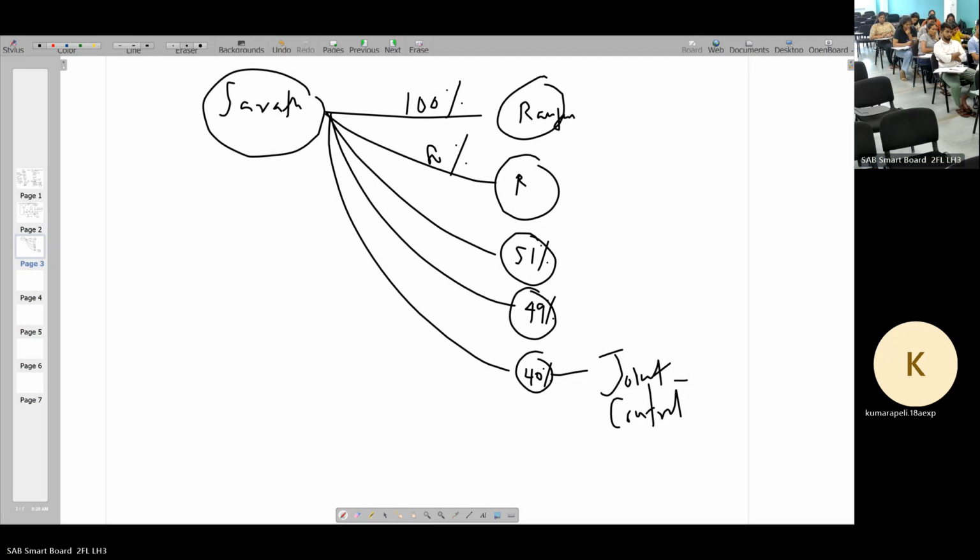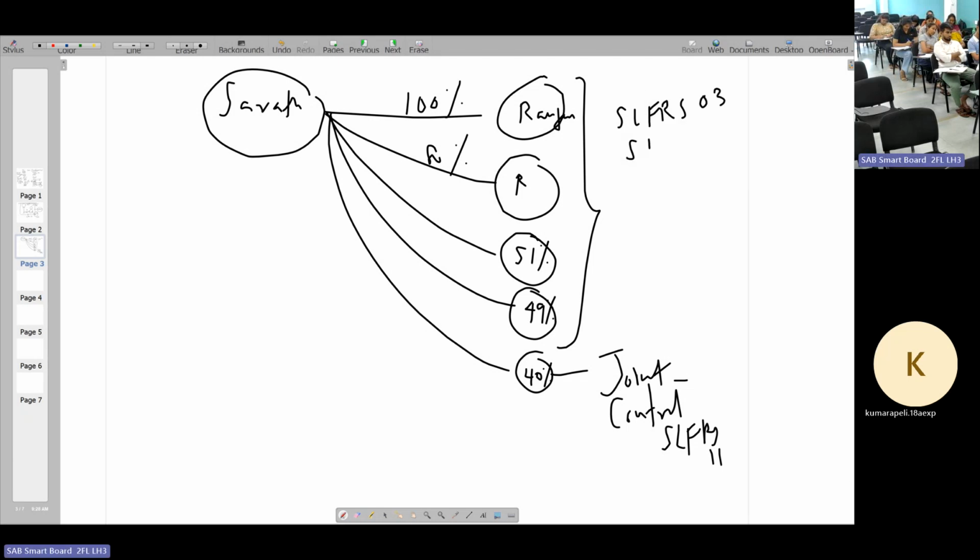SLFRS 11. There is another standard. SLFRS 11. මේ කියන කතන්දර ඔක්කොටම මොකක්ද අයිති වෙන්නේ? SLFRS 3. SLFRS 10.